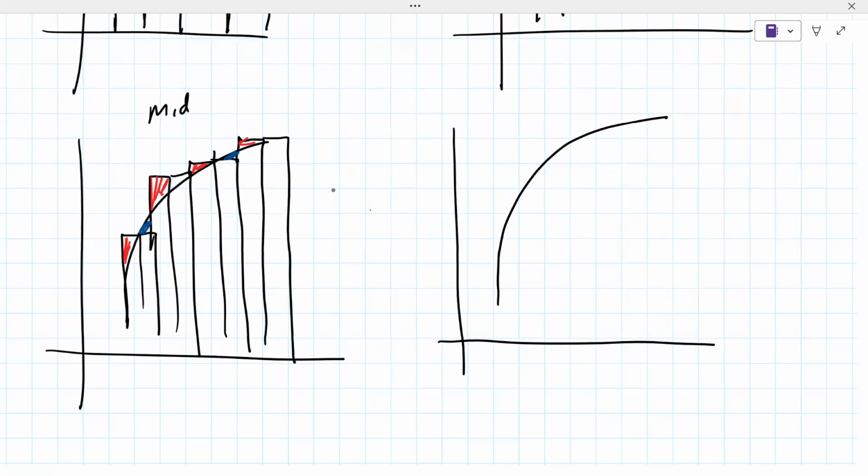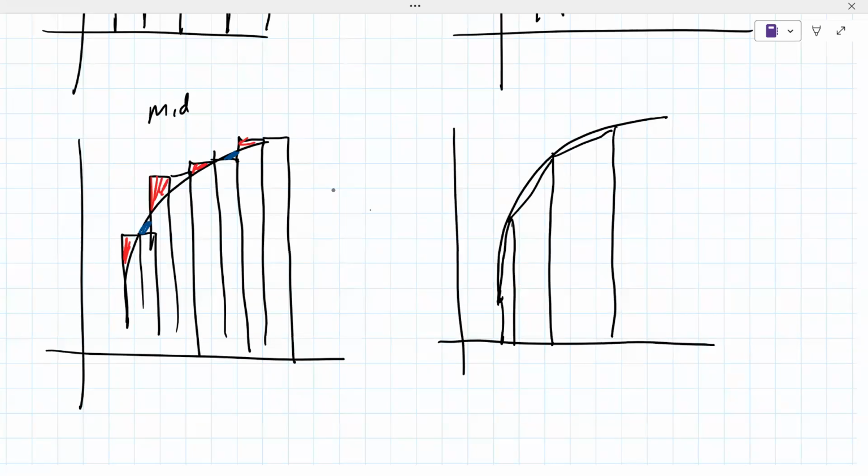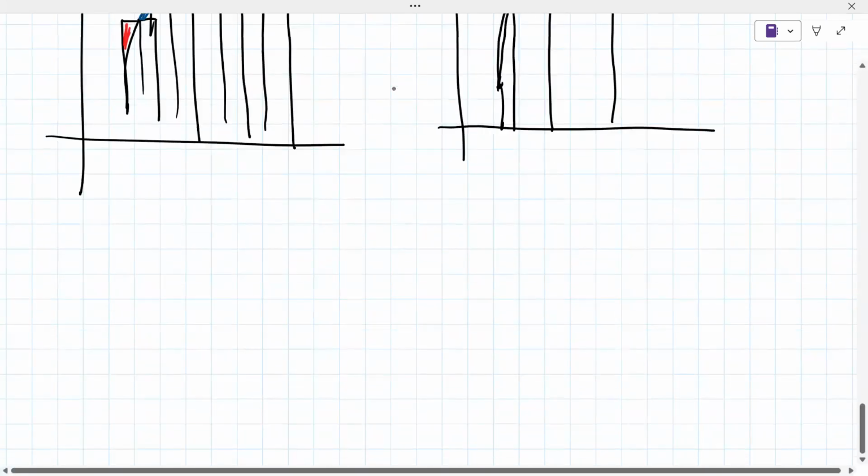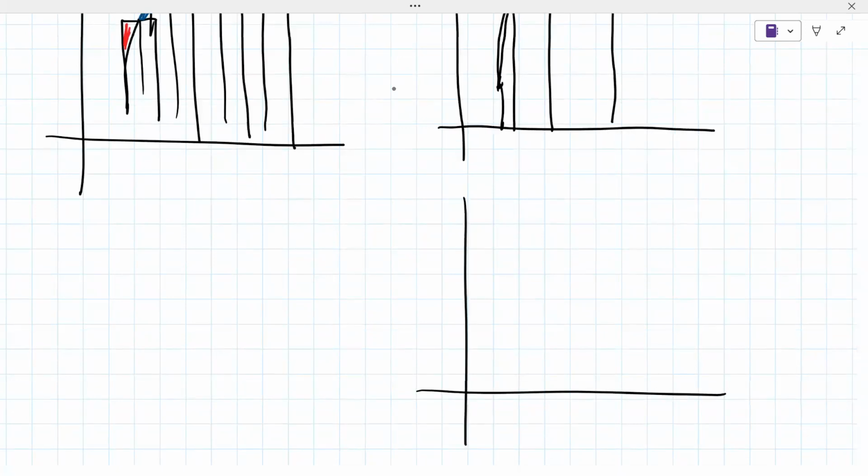It gets even more complicated with trapezoid. With trapezoid, you're literally drawing these trapezoids. So these are all under. But if I change the curve a little bit to this, now all the trapezoids are over.